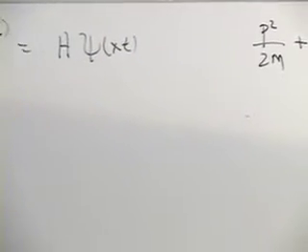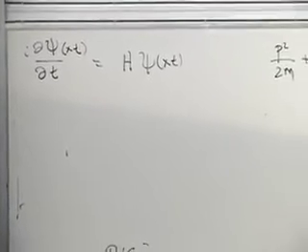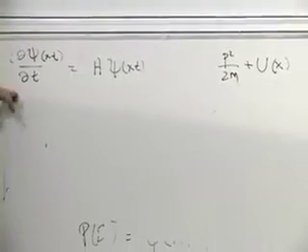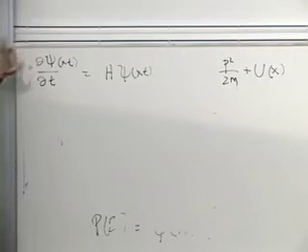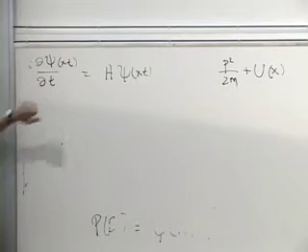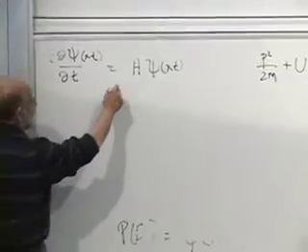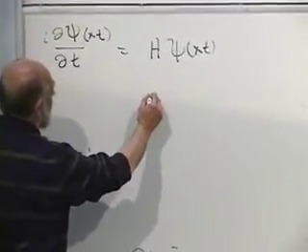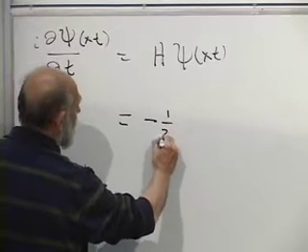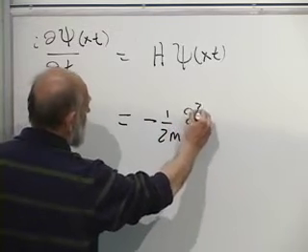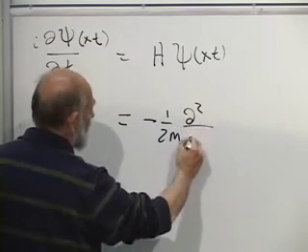What does the p squared over 2m give us? I've left out h bar, incidentally, and I'm going to keep leaving out h bar for the moment, for the rest of the night. What did we get before? We got p squared over 2m gave us, I believe, minus 1 over 2m times the second derivative with respect to x.